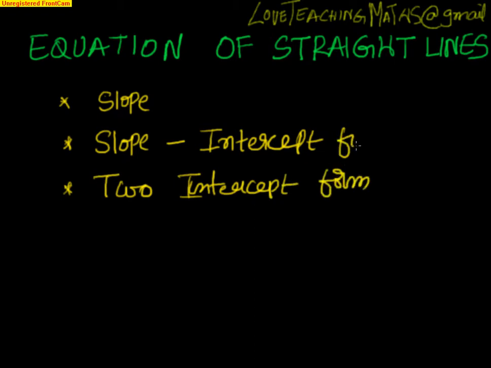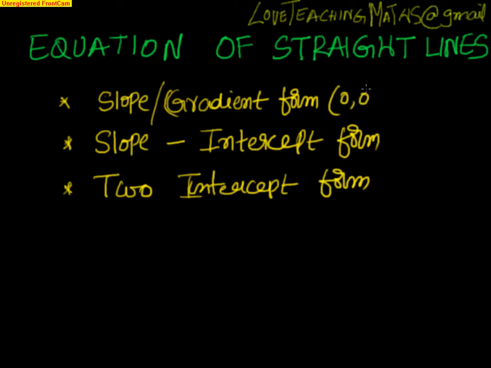Slope-intercept form, two intercept form, slope or gradient form, where it passes through origin 0, 0. So we'll see these three equations in this particular video. We will also see some simple examples on them, and we'll continue to the next video.